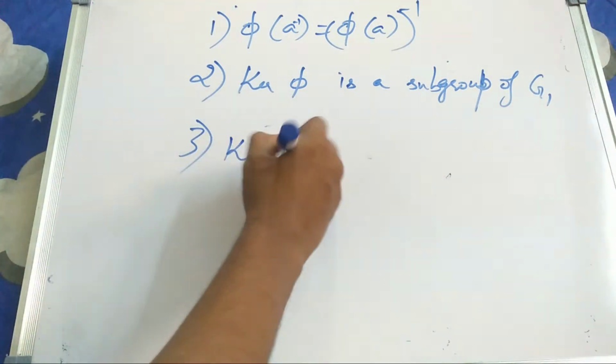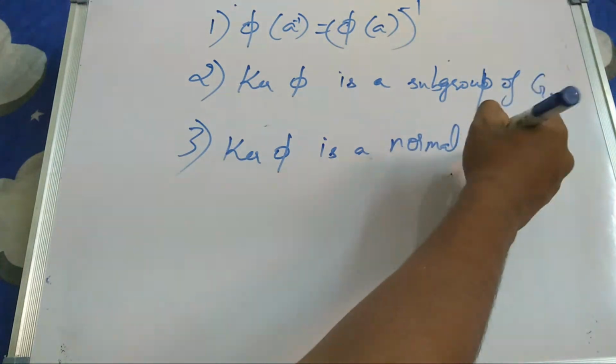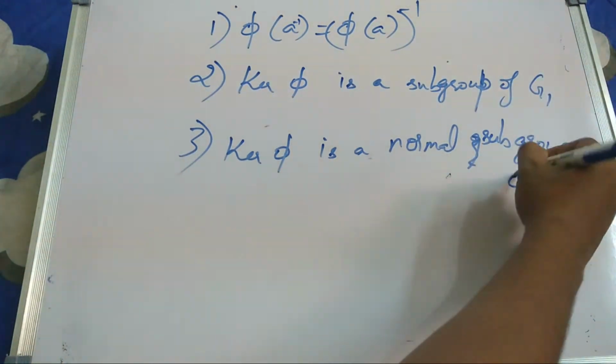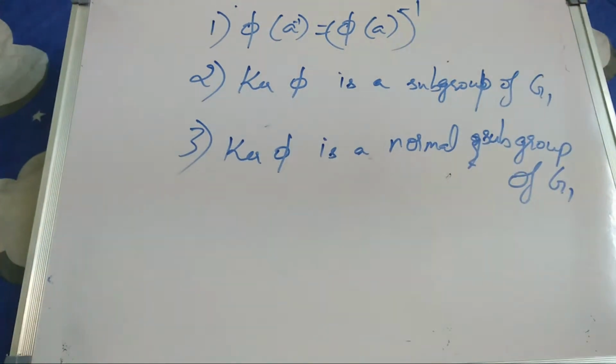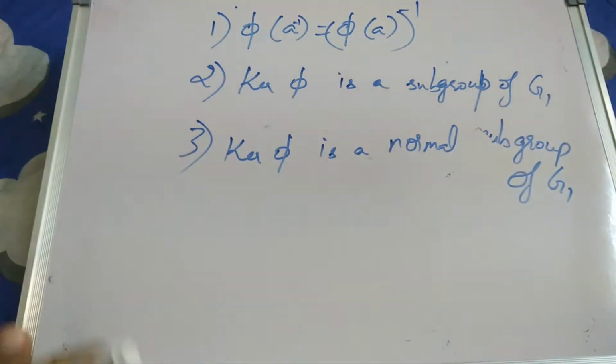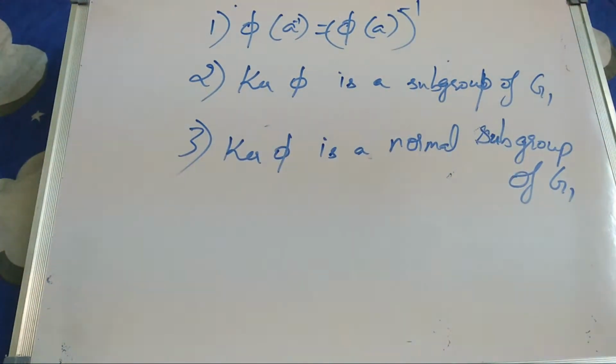In fact, kernel phi is a normal subgroup of G. Always, whatever be the mapping, even if the domain is non-abelian, still kernel phi is going to be a normal subgroup of G. Okay, so we will try to quickly prove that and we will wind up for today.